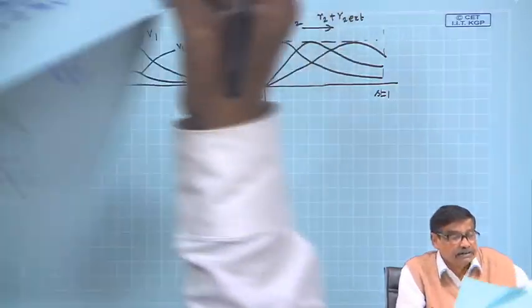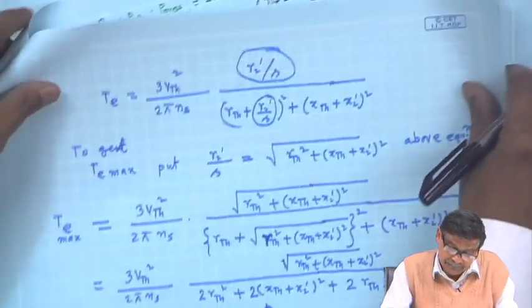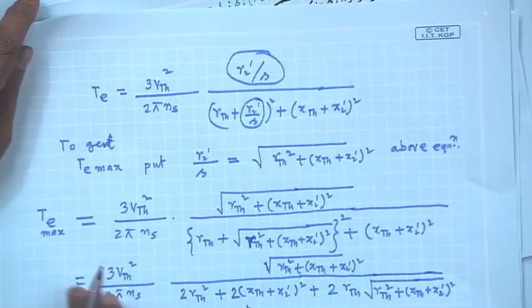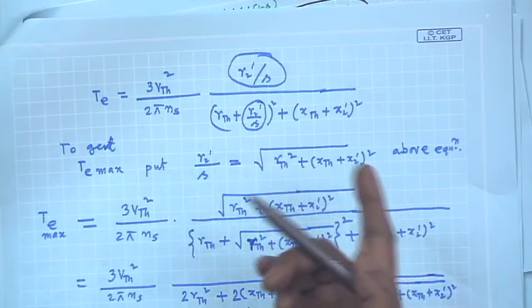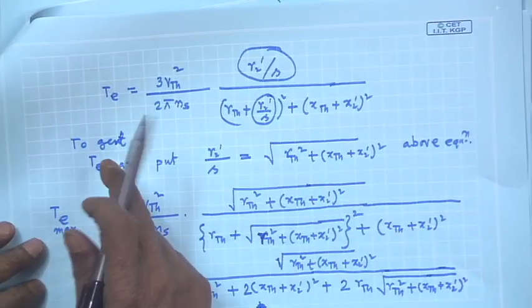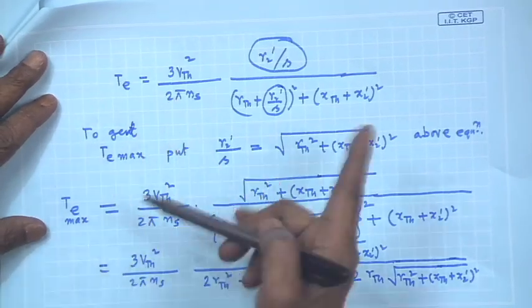The expression of the torque is this one. So, T max can be calculated assuming only R2 is present, and then if you want to get that T max at starting.